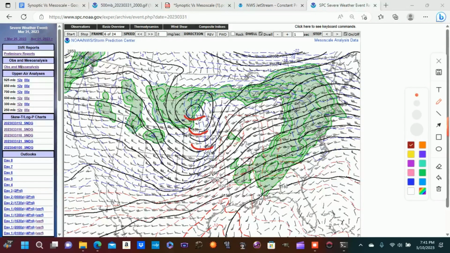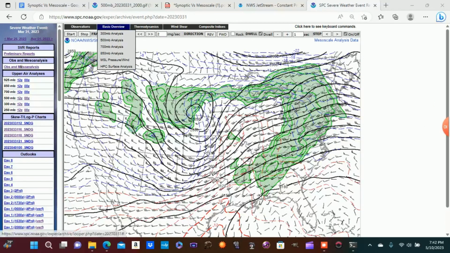If you look closely over the Ozarks, it may be hard to tell, but there's a subtle short wave here from southern Missouri down into northern Arkansas. And this is helping to enhance the uplift in the atmosphere to help foster a round of severe thunderstorms. And this is, I believe, what basically initiated the tornado outbreak across the region.